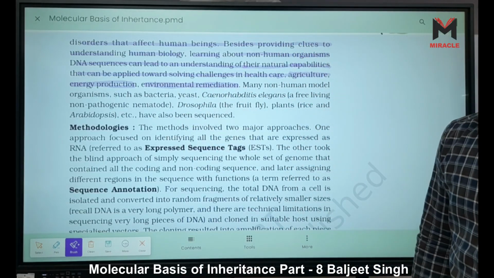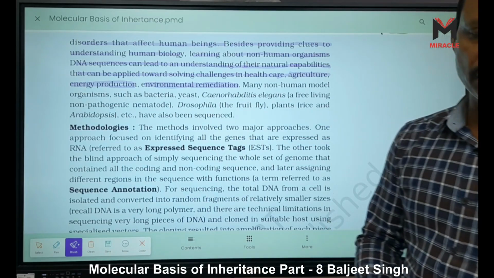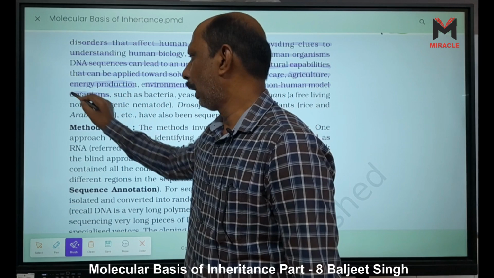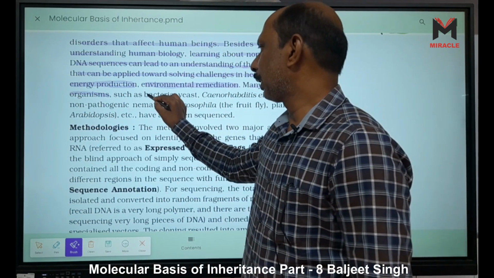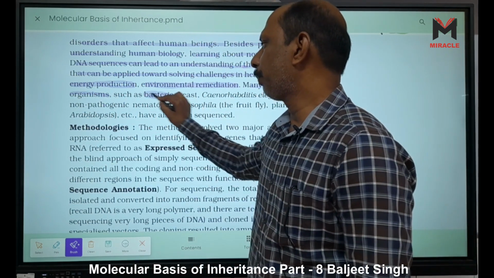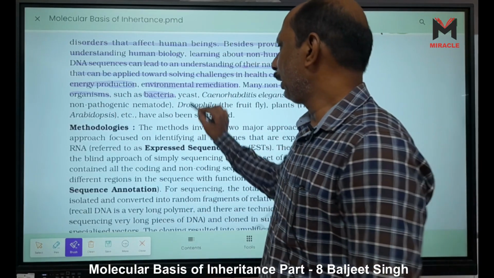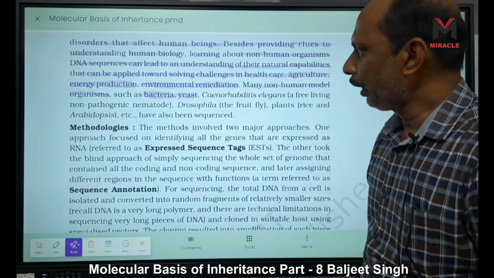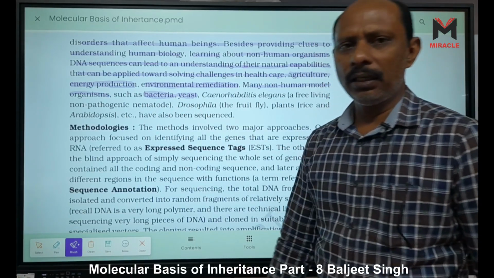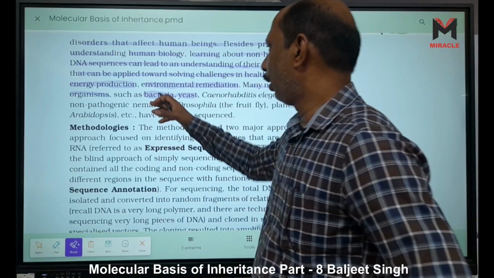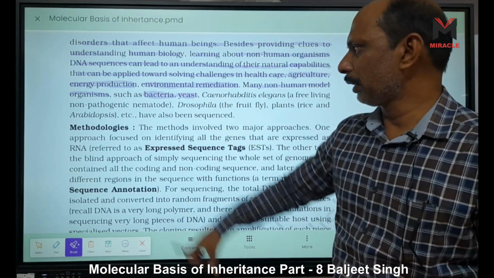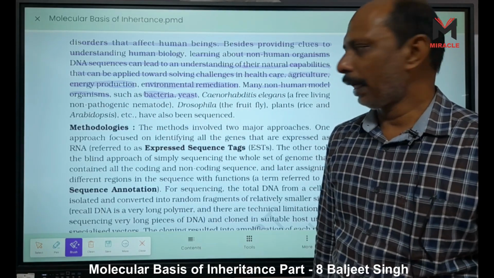So a non-human genome project is also established. Many non-human model organisms are given here as examples, such as bacteria like E. coli, and yeast, scientific name Saccharomyces cerevisiae. The first prokaryotic organism whose genome was sequenced is E. coli.